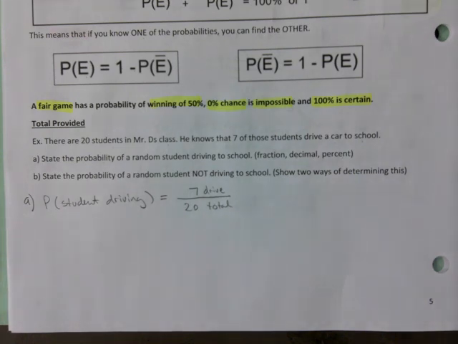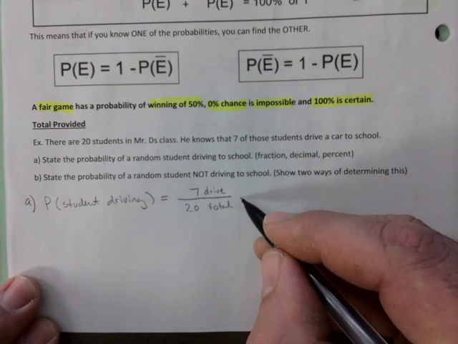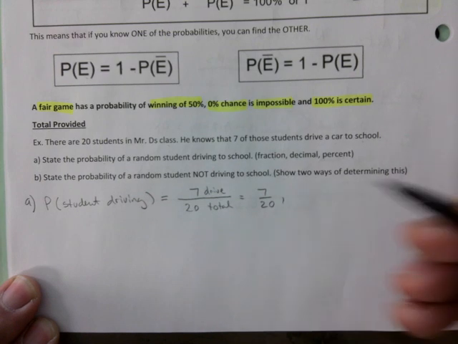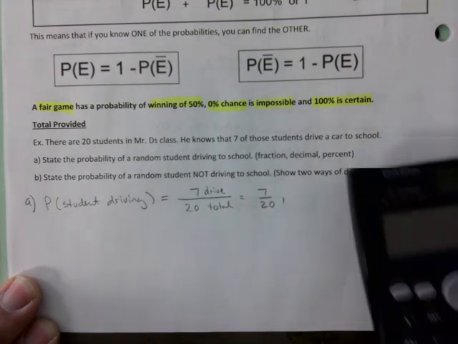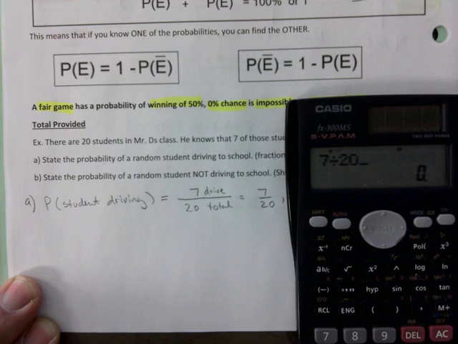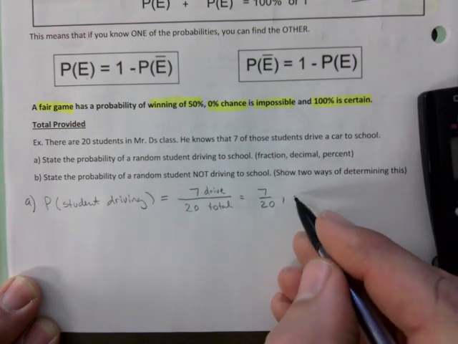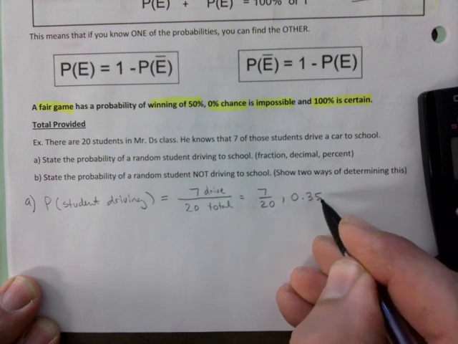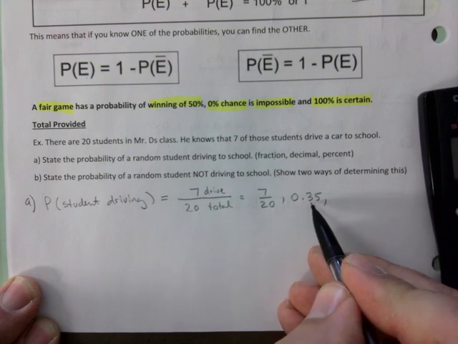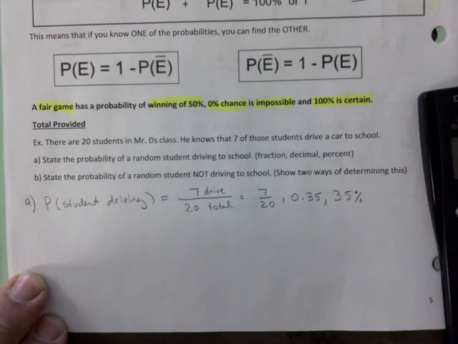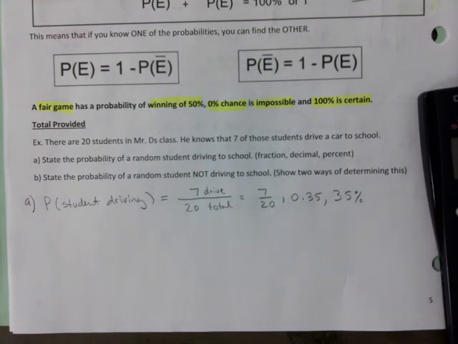Okay. So the probability is 7 out of 20. So we'll just say that that's 7 out of 20, comma, let's turn it into a decimal. 7 divided by 20. Oh, it's exactly 0.35. Which, if you multiply that by 100, it's just 35%, because we don't need to worry about more decimals, because it actually ends. It's a finite number.